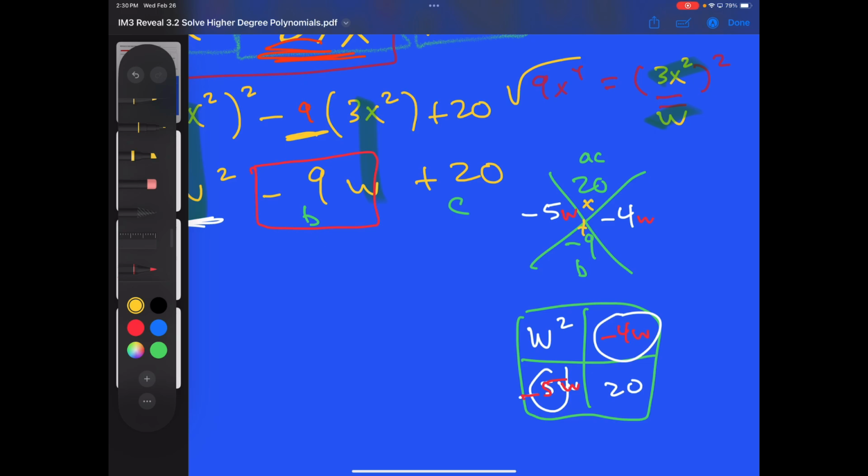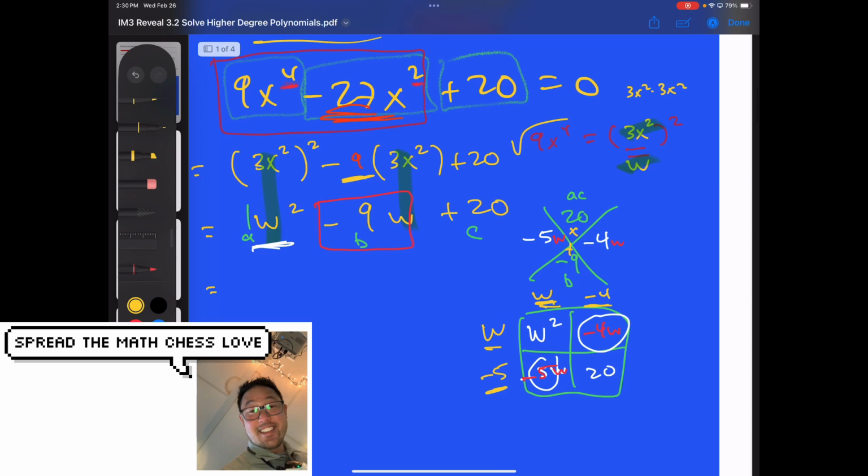I said, well, you just multiply stuff. What do you multiply? W and W. W times W gives you W squared. W times what gives you negative 5W? Good. Over here, negative 4. So the stuff on the outside is our answers. Let's write that.